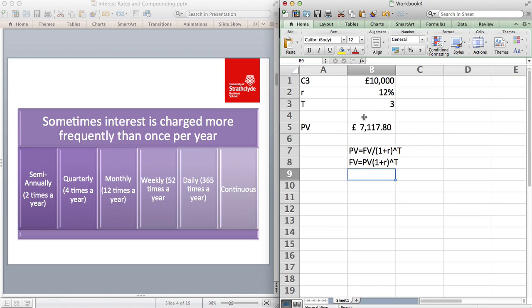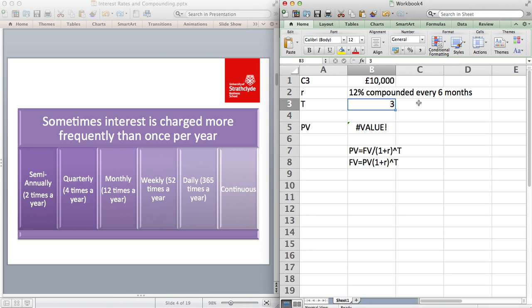However, we might have the same situation, but with 12% compounded every 6 months. Before it was 12% compounded annually, now it is 12% compounded every 6 months. When we say that, we're not saying it's 12% every 6 months.